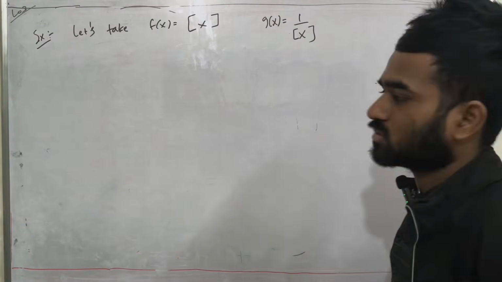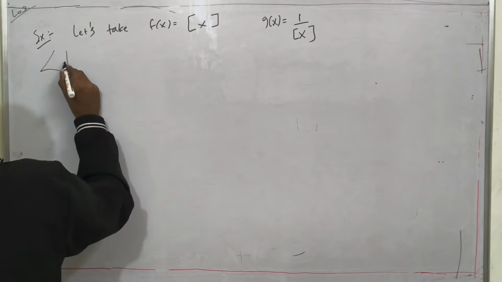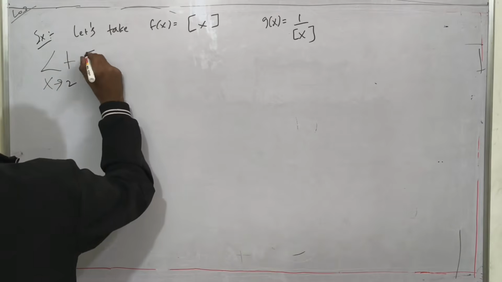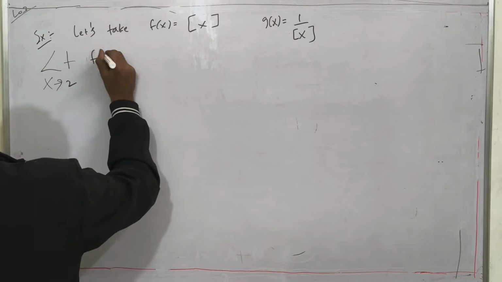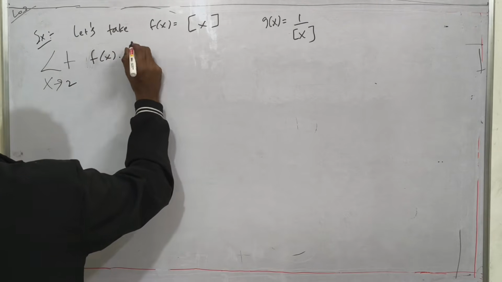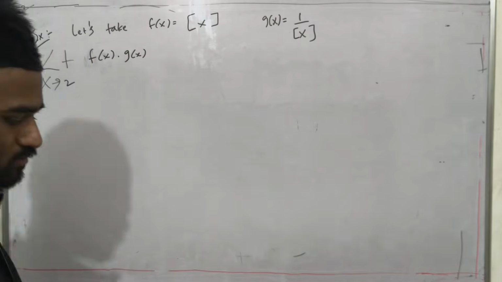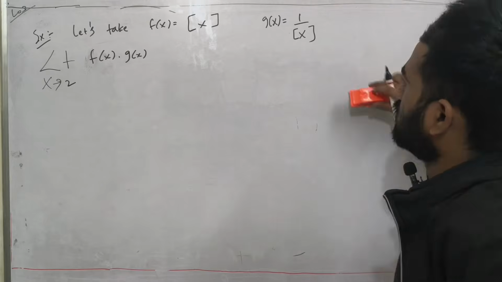Now my question is limit x tends to 2 of f of x into g of x. This is my question. How to solve?